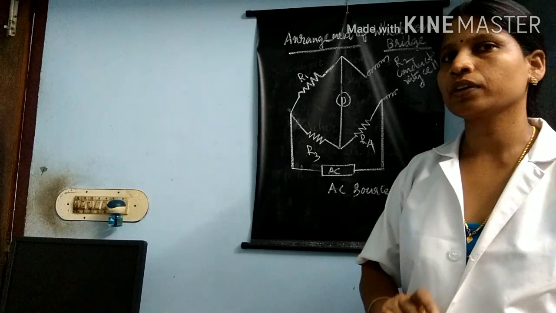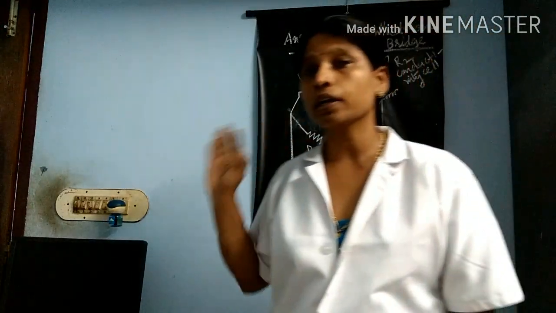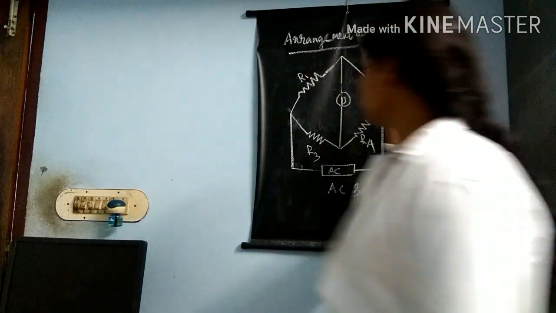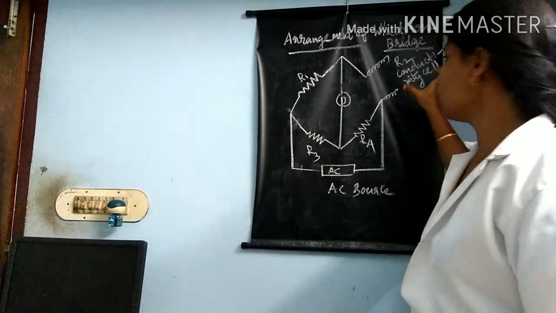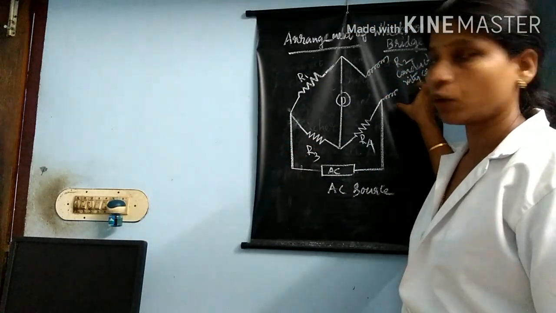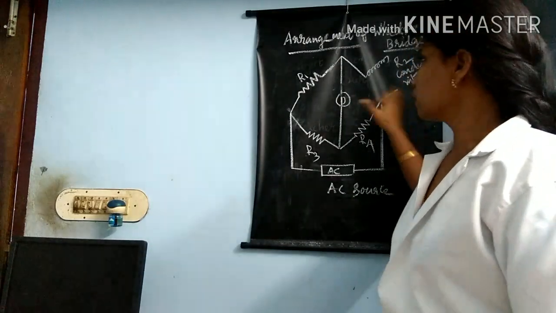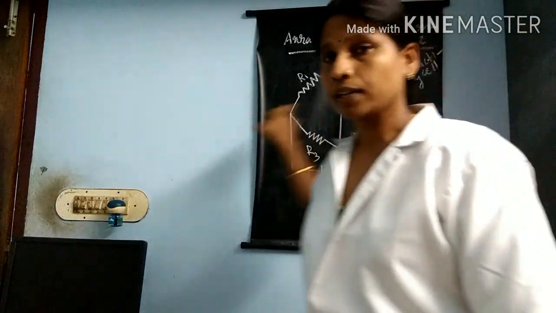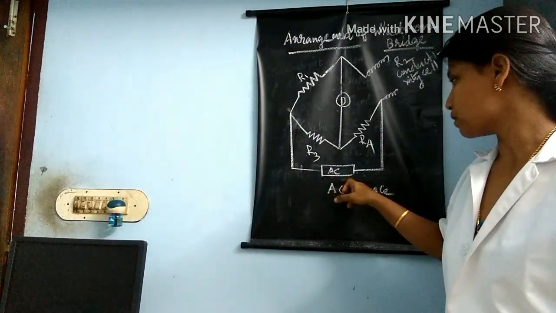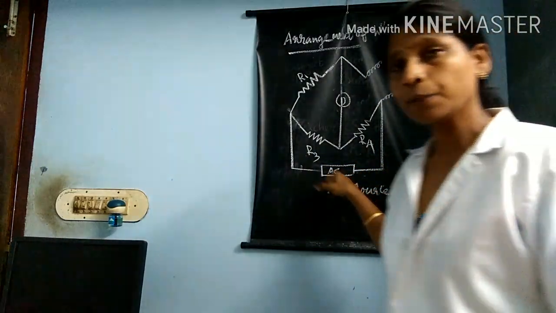As you know, a conductivity cell consists of electrodes. Here we are using platinum electrodes, platinum anode and platinum cathode. This conductivity cell filled with electrolytic solution is connected to this part of the Wheatstone bridge. One detector is connected, and next, one AC source is connected here.